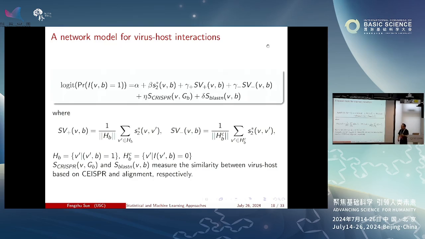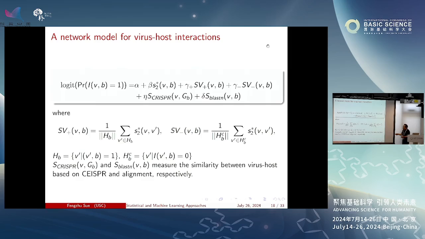Okay, so now I give you some mathematics. After this formulation, we can get this formula. The probability that the virus and the bacteria interact, that's the probability that VB equals 1, which indicates interaction, can be written as the following form.